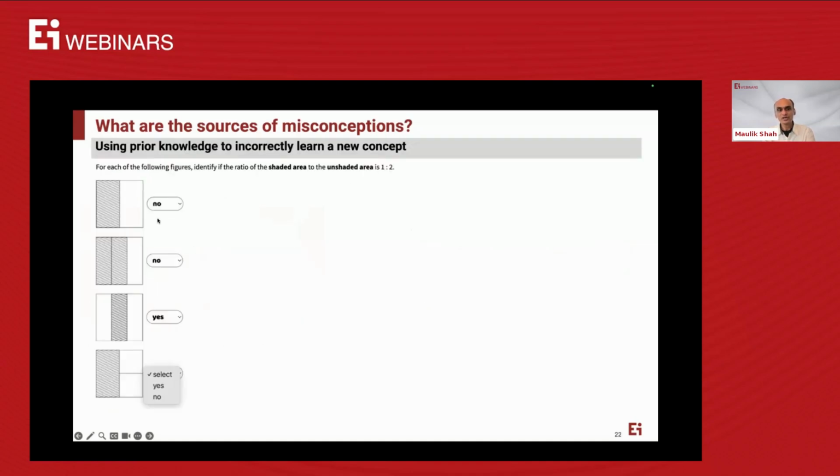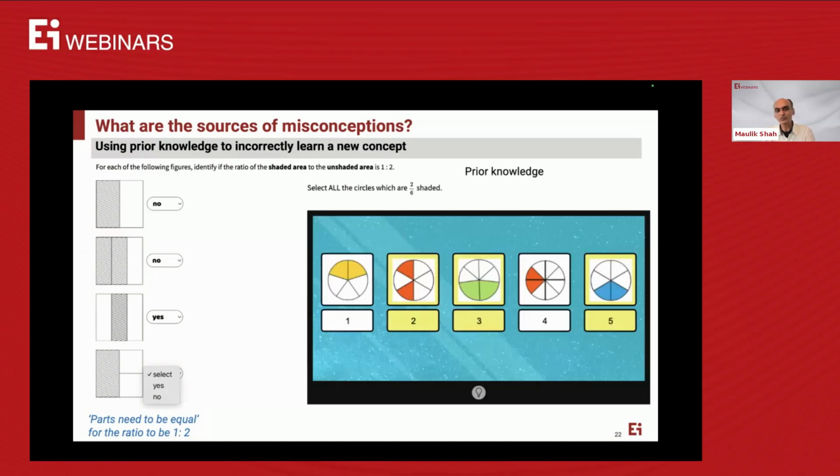In this case, students think that the ratio of shaded area to the unshaded area is 1:2 even for this shape, the last one. That is because they don't understand that parts need to be equal for the ratio to be 1:2, and that may be stemming from the underlying problem that they have with fractions as well. They think the shape in 3 is also 2/6 shaded.